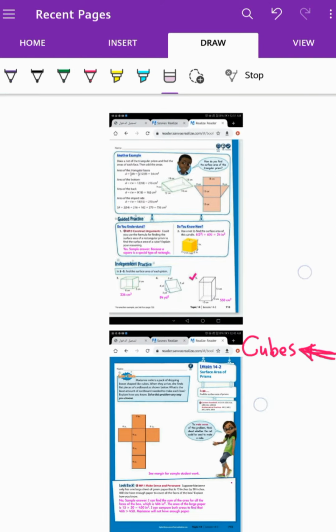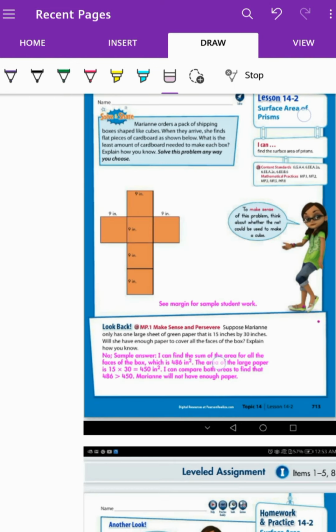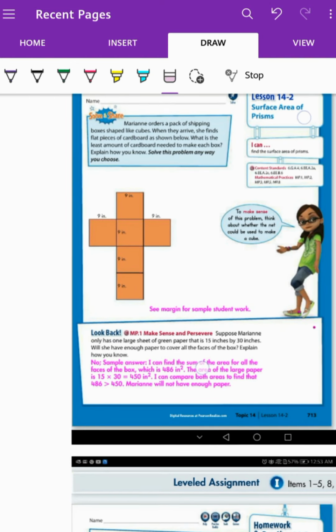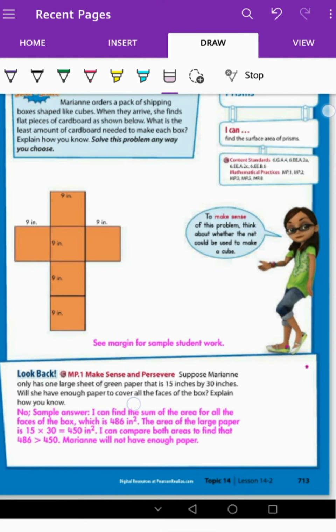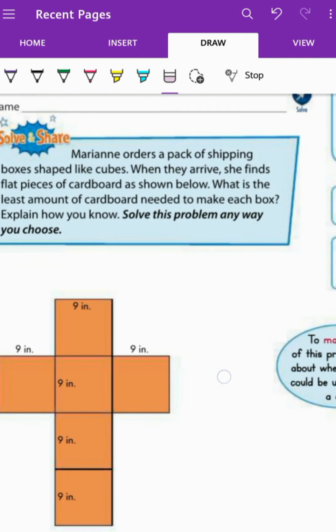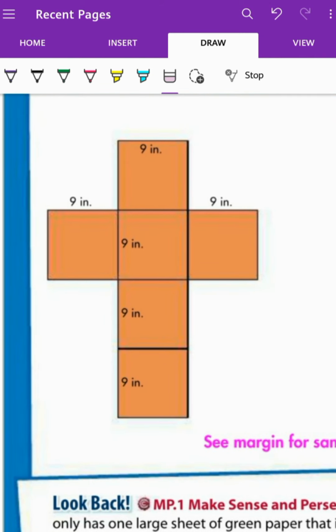Okay, in this example, Marianne orders a bag of shipping boxes shaped like cubes. When they arrive, she finds flat pieces of cardboard as shown below. What is the least amount of cardboard needed to make each box? First of all, we have to find the area of each square, which is 81, and all of them are 81.